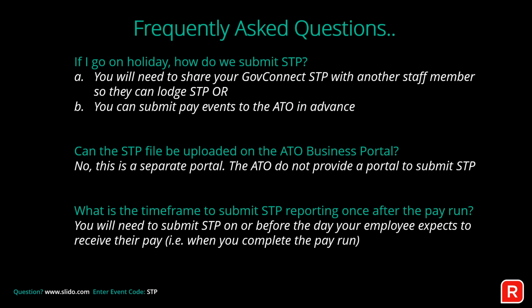The first option is, if you are going away, you can share your GovConnect STP with another staff member so that they can lodge it while you're away. Otherwise, if you don't have any other staff, you can submit pay events to the ATO in advance.